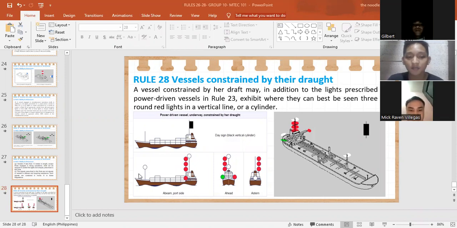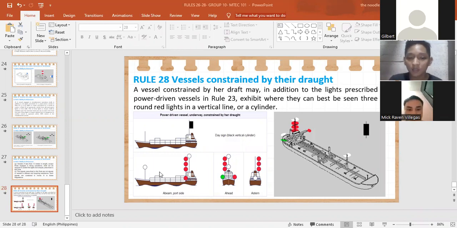Ahead, we have a white light, and from astern, we have a white light. If ahead, we see the side lights, which are green and red, which determine the starboard and port sides. And if astern, we see the stern light.